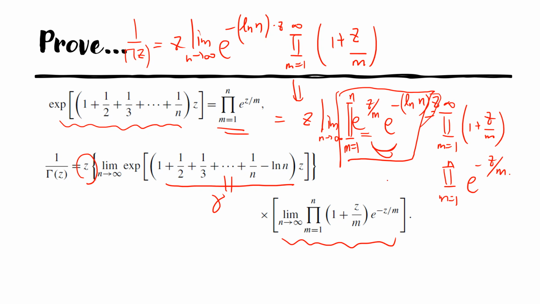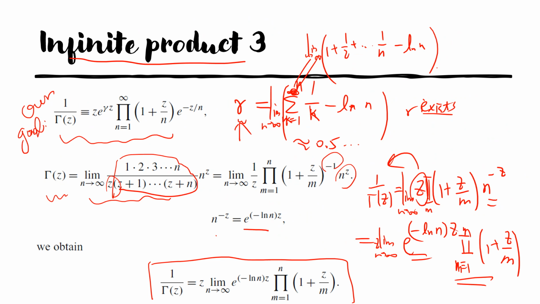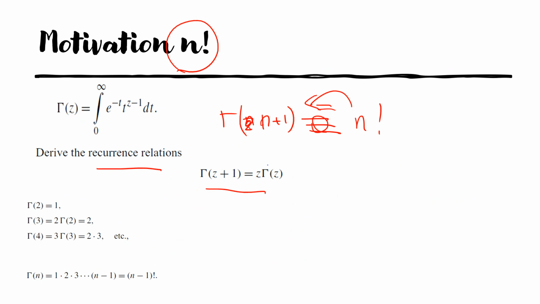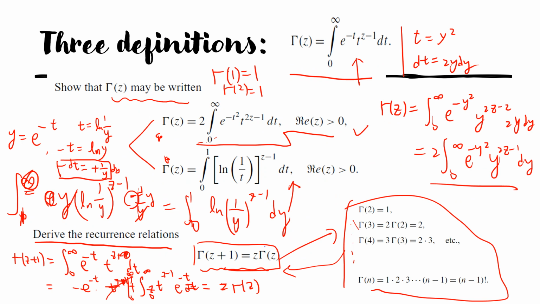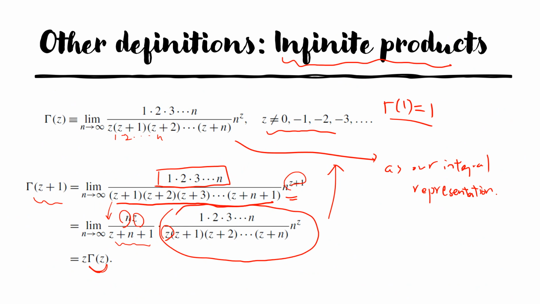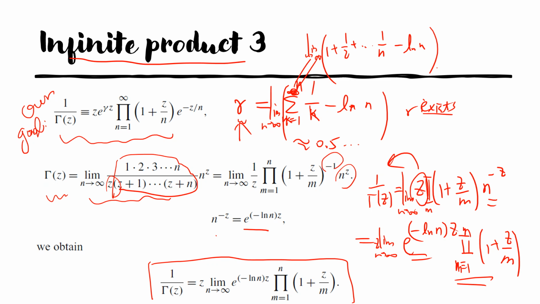This is just another representation. All these parts become exponential gamma z. So now we have many equivalent definitions for the gamma function: three integral forms and two infinite product forms, and I proved all of them.